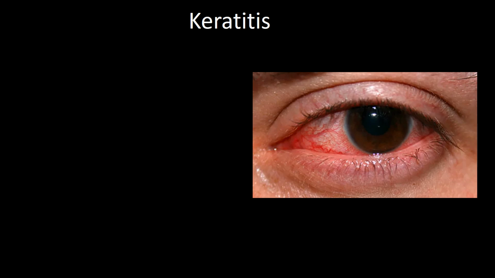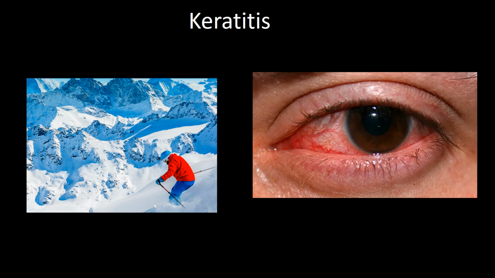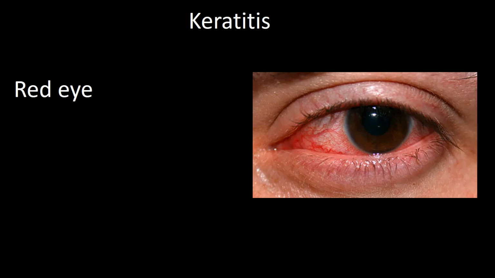Keratitis is an inflammation of the cornea. Keratitis can be infectious or traumatic. Traumatic keratitis is often seen with excessive sun exposure, as may occur during skiing with insufficient protective eyewear. The affected eye is red.